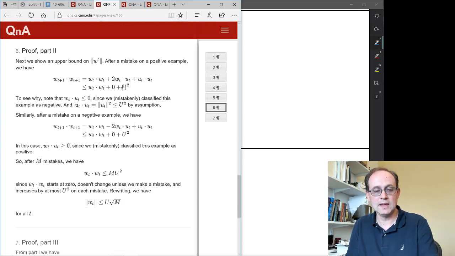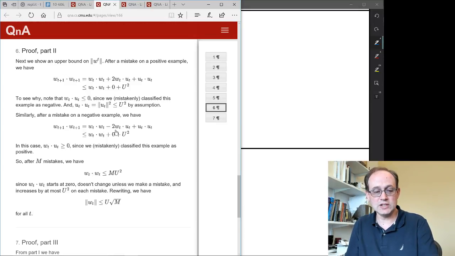It should come as no surprise that something like this is also going to be true for negative examples. When we complete the square, we're updating on a negative example. If we make a mistake, we update wt plus 1 to wt minus ut.